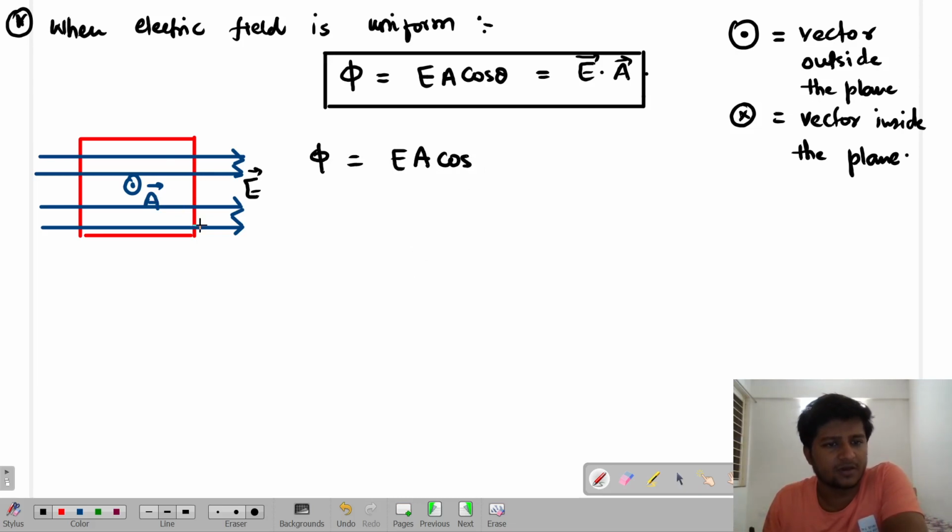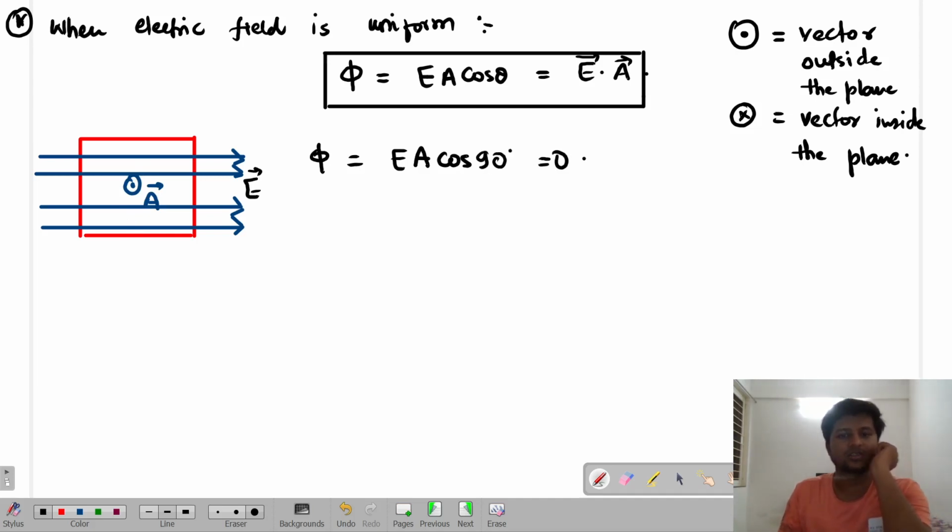So what is my theta over here? Electric field is along the x-axis. Dot means it is coming outside of the plane. So that means the normal vector is along the z-axis or not. So that means what? EA cos 90. So flux is basically how much? 0. Are you able to get me or not?